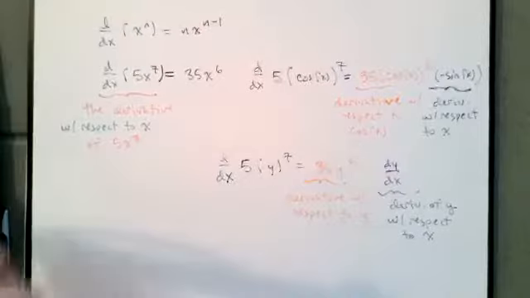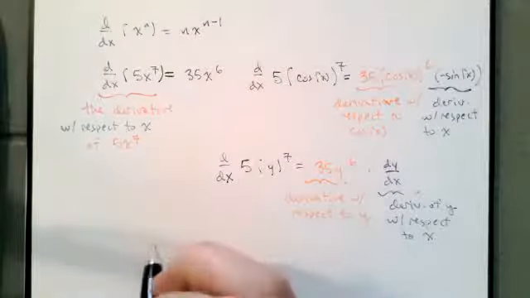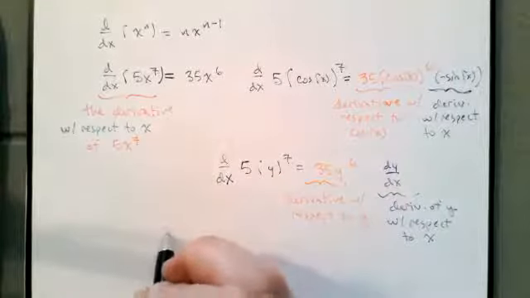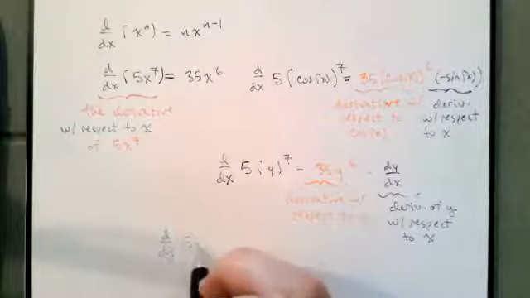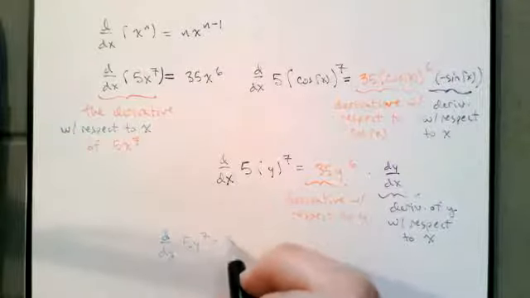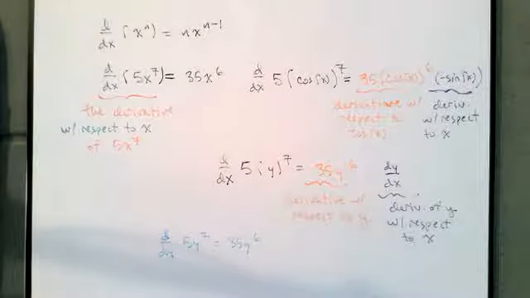It's different if I asked, for example, what's the derivative with respect to y of 5y to the 7th? We would just be able to get away with writing 35y to the 6th because we're using y as the variable. That's the derivative with respect to y. I applied the rule to the variable y.